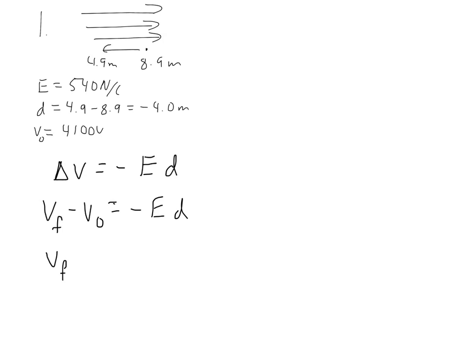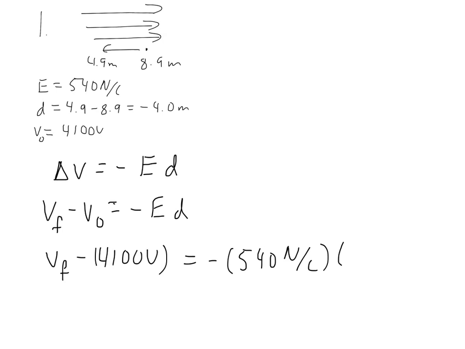VF is what we're looking for, minus 4100 volts equals negative times 540 newtons per coulomb times negative 4.0 meters.